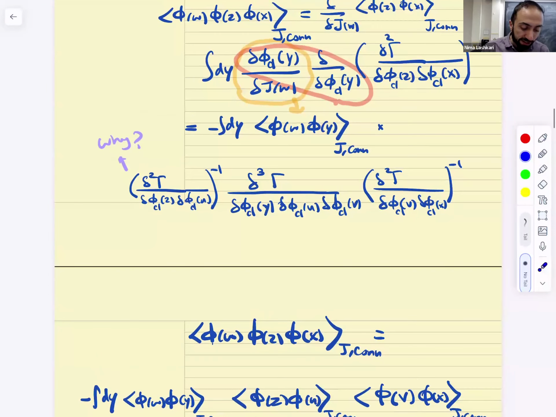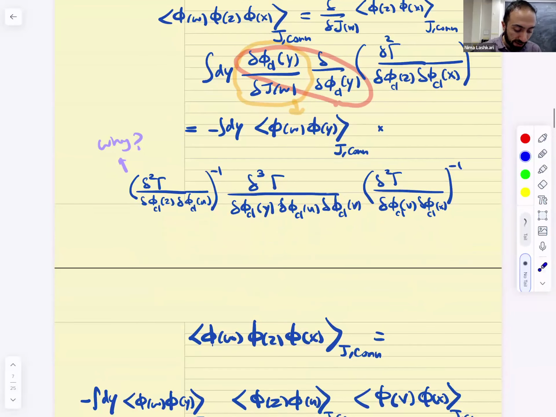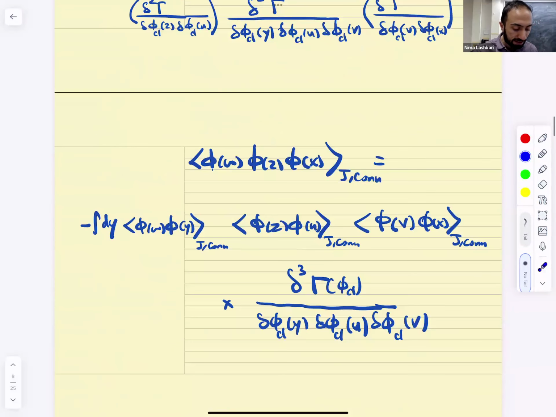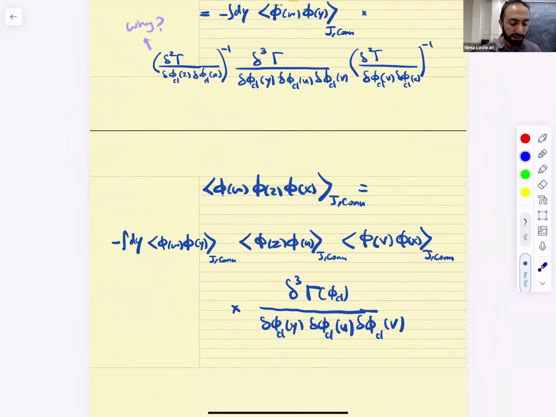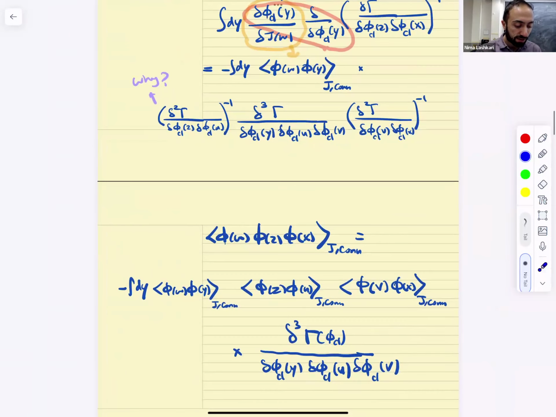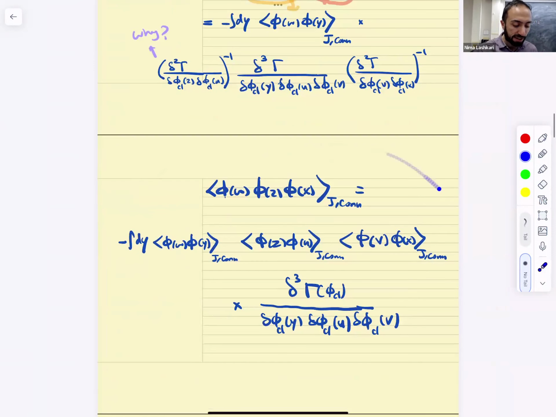All right, so very good. So let's just rewrite what we wrote here. So the connected 3-point function is an integral of this third derivative. I'm just putting everything together. This is the connected 2-point function, connected 2-point function, connected 2-point function, integral over y, the third derivative. This is the expression I have.